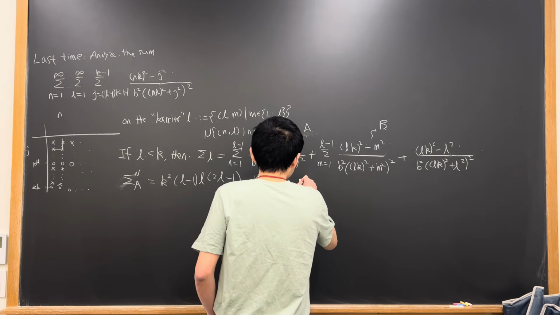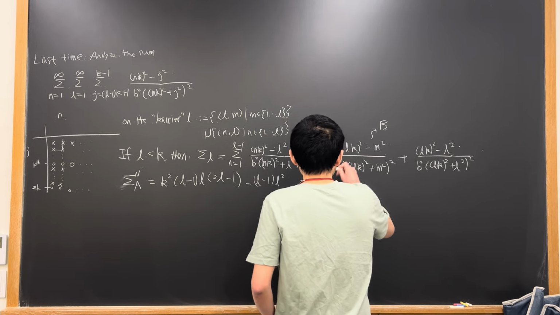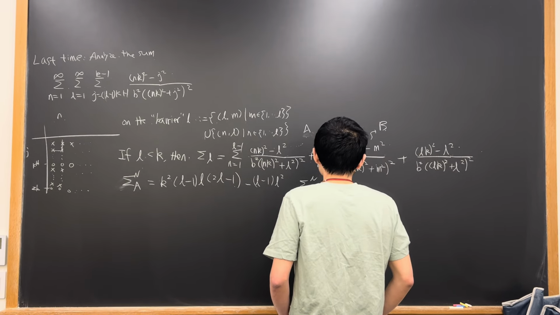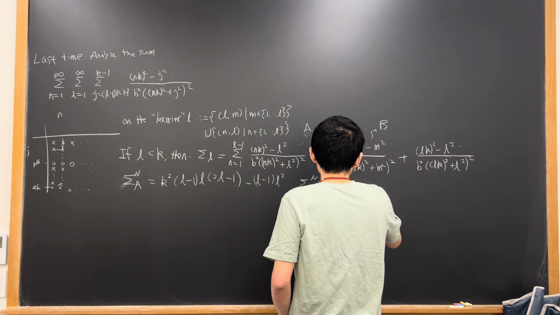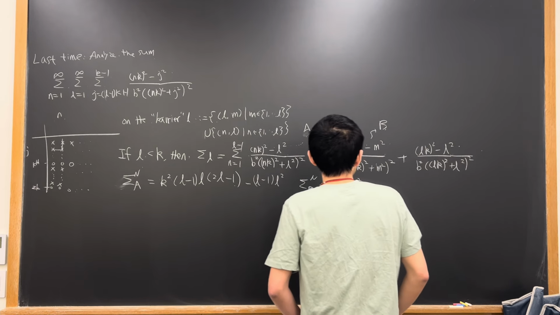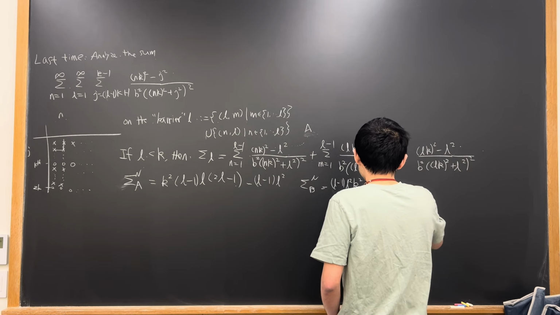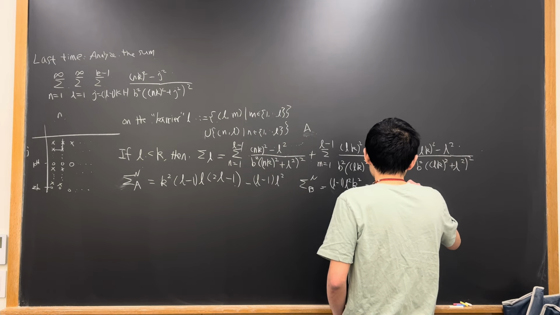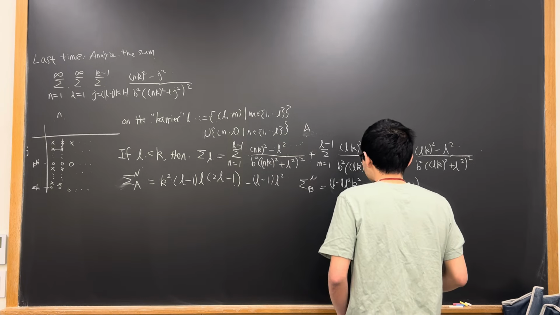And then for the numerator of B, we have L squared at the front, oh sorry, L minus 1 times L squared times k squared minus, I'm summing over the m squared. So m squared should give us L minus 1 times L times 2L minus 1.